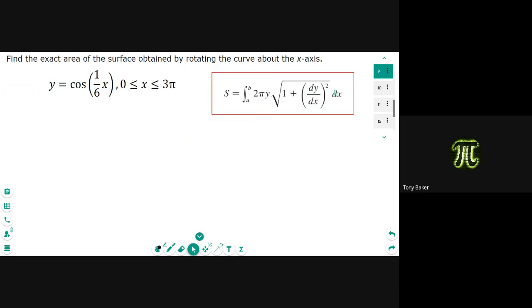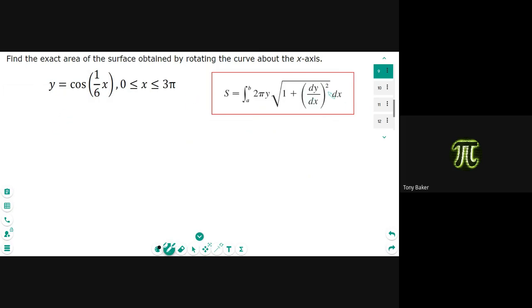If it was x equals and I'm solving for y, I would leave that y there.